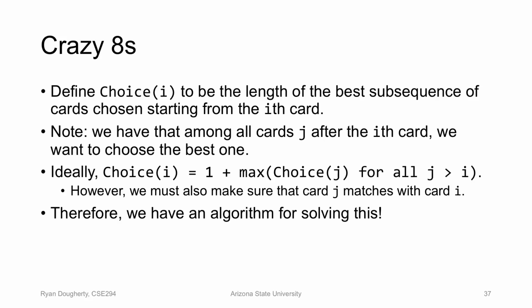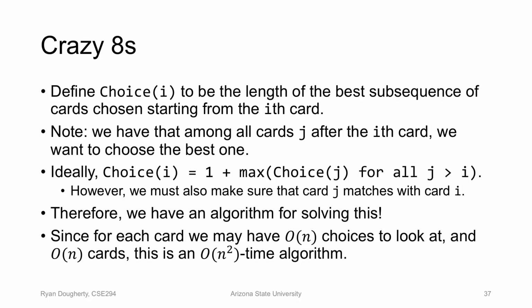Way less than n factorial. So I may have order n for each value of i, right? And how many choices of i do I have? I have n choices. So n choices and n things to look at for every single choice. This is an n squared algorithm, right?